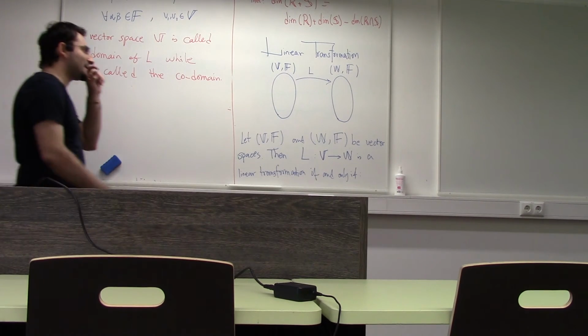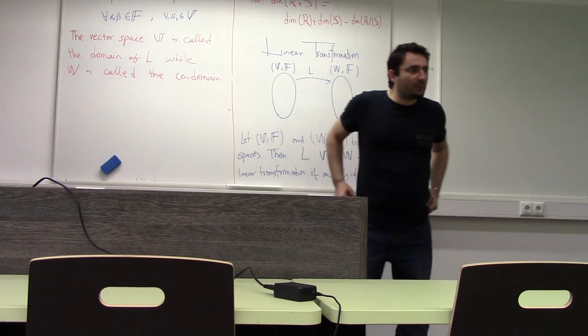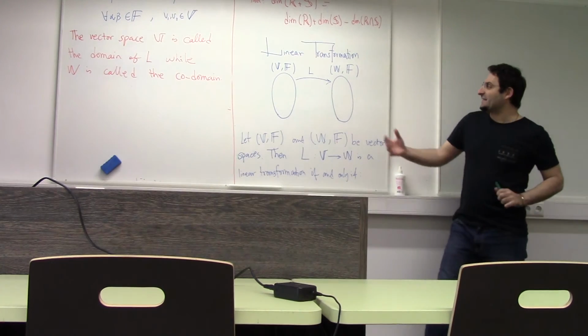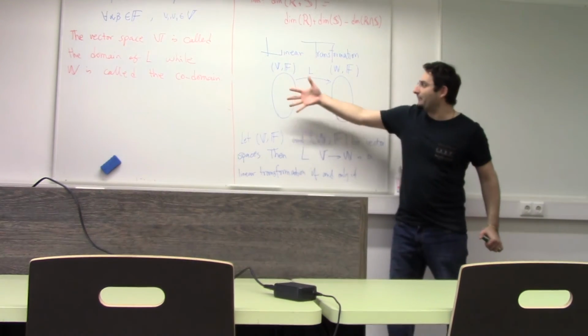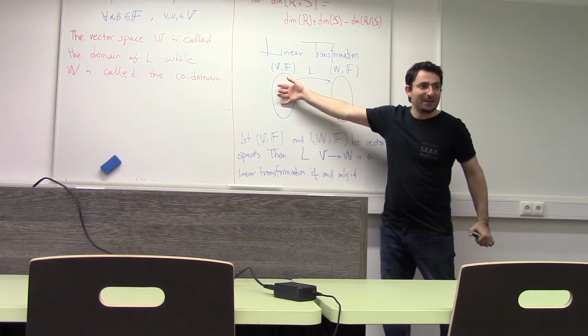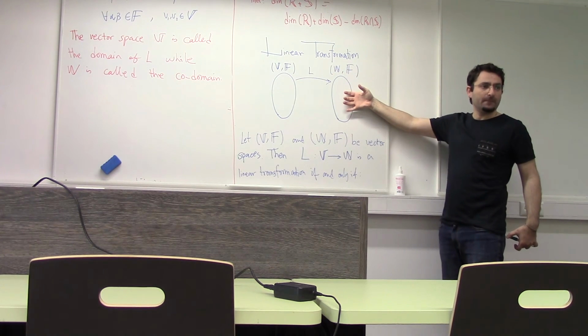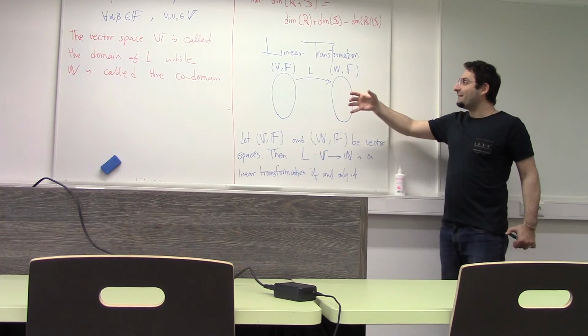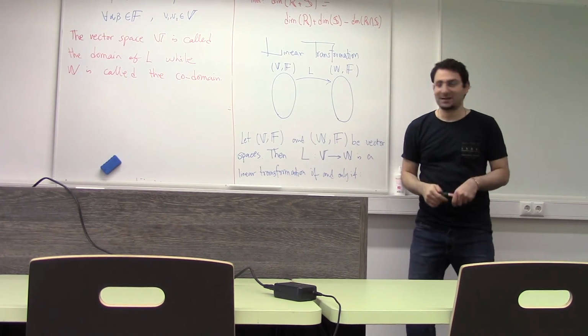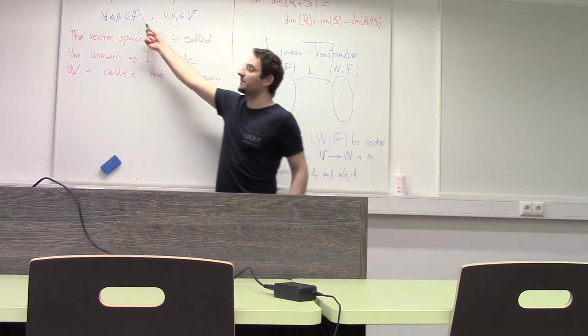So what it says is that a linear transformation is a mapper. It maps from vector space V into vector space W. And this mapper is a linear transformation if we have this condition.